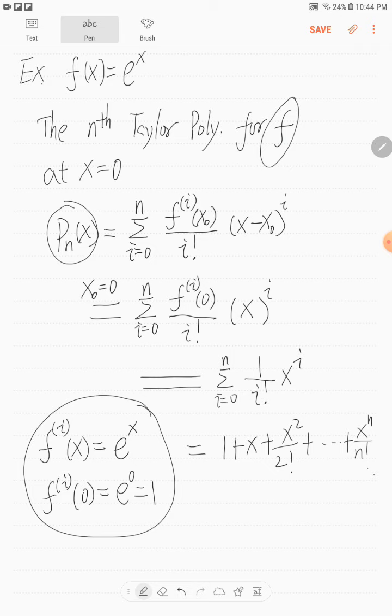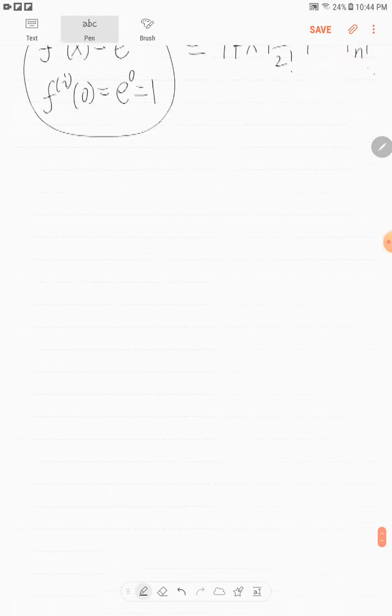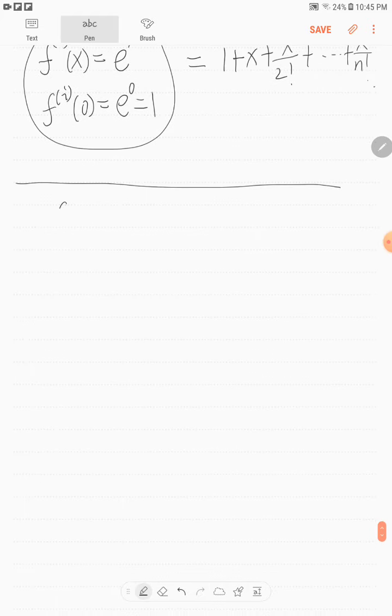So how close are they? The idea is, let's look at the difference between these two functions, f of x minus p sub n.